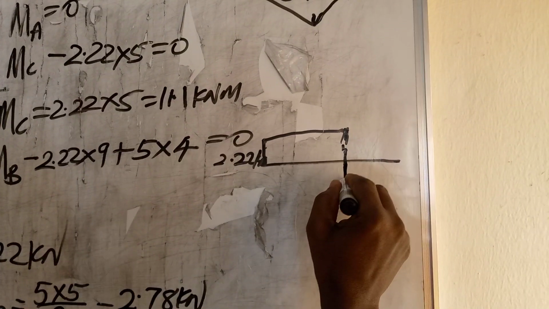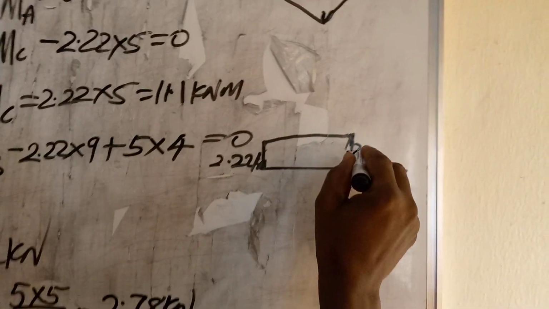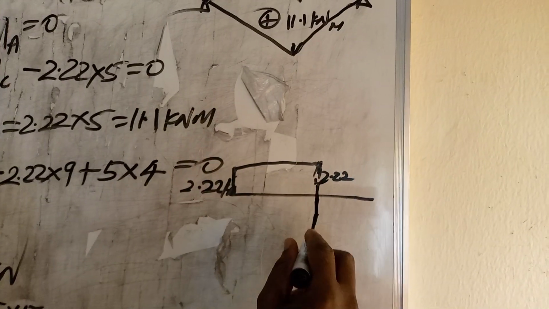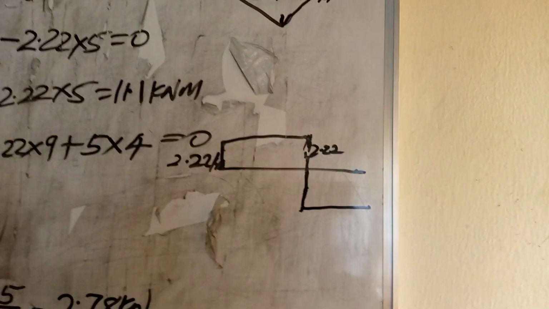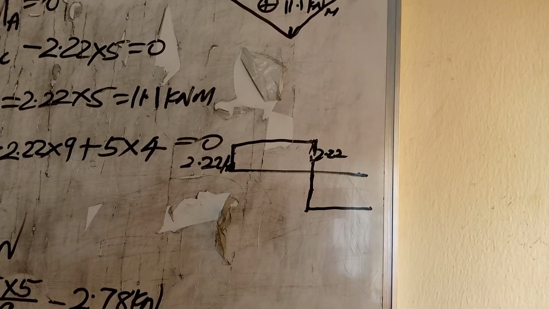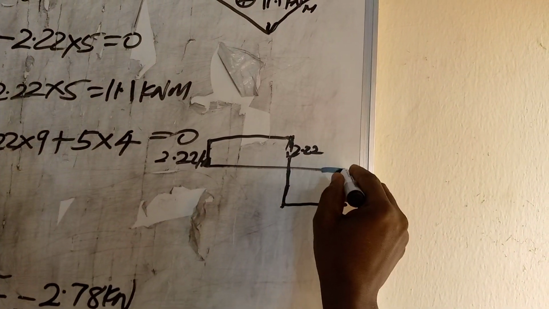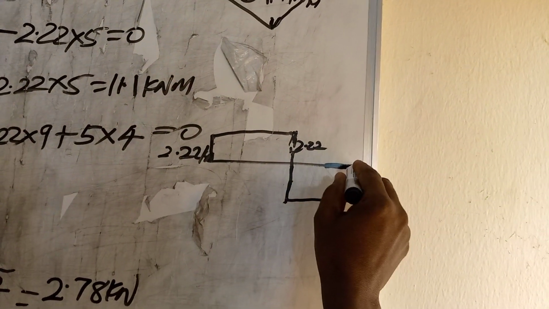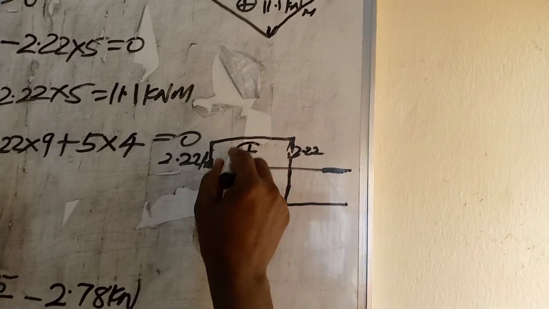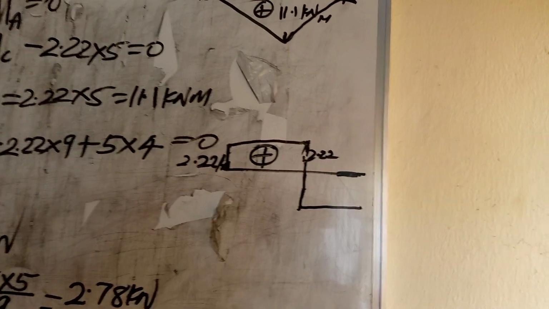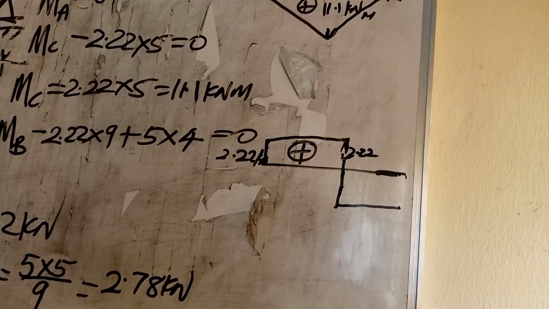So this will be longer than this, because this is 2.22 and this is 2.78. On getting to point B, the 2.78, which is now negative, minus 2.78, meets another 2.78, which is the reaction.